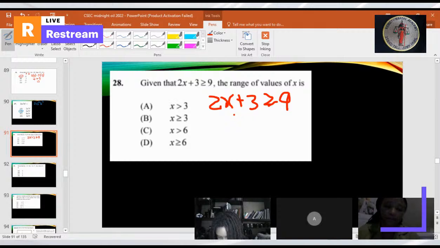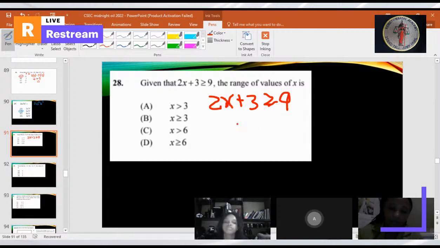We don't have to change the inequality sign. You notice they all still have the greater than or equal to or greater than. We don't have to mess with the sign. Just move everything to the right and isolate x.